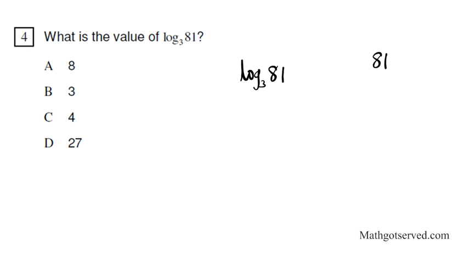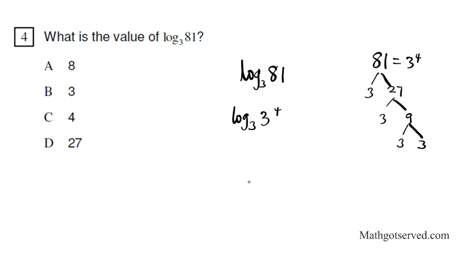To reduce it, we need to express this as a power of the base. So we take 81 and start decomposing it using the base. Hopefully it works out. I take out 3 from 81, I have 27. Take out 3 from 27, I have 9. Take out 3 from 9, I have 3. So 81 is basically 3 to the 4th power. So log base 3 of 81, I can write as log base 3 of 3 to the 4th power.